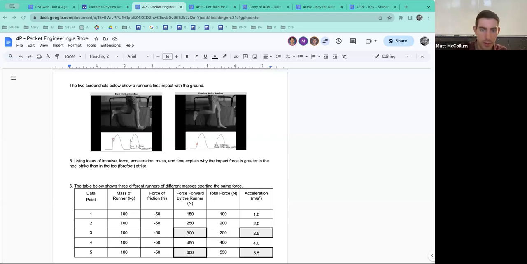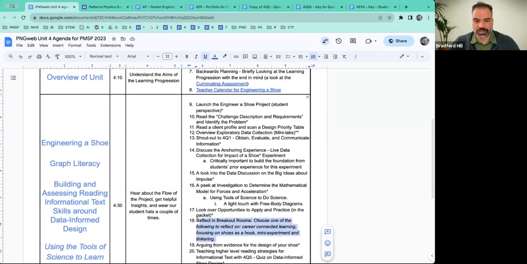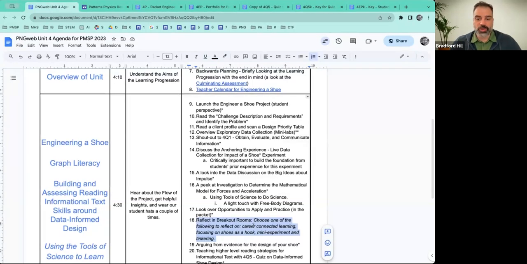I need to quickly set up the breakout rooms here. Bradford, if you could put the prompt in the chat. And just to read it so you hear it a couple times: reflect on, choose one of the following. Career connected learning.